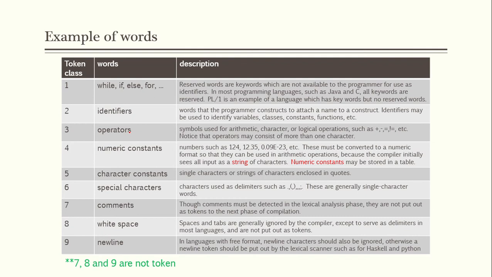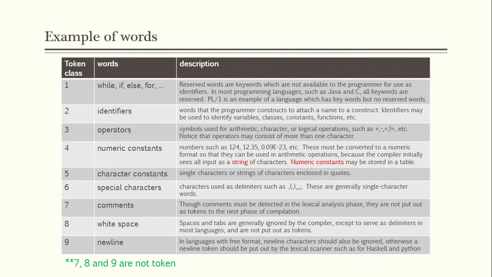The first is the reserved word, like while, if, else, for, which are not available to the programmer to use. You cannot use them because they are reserved words. The second one is identifier.